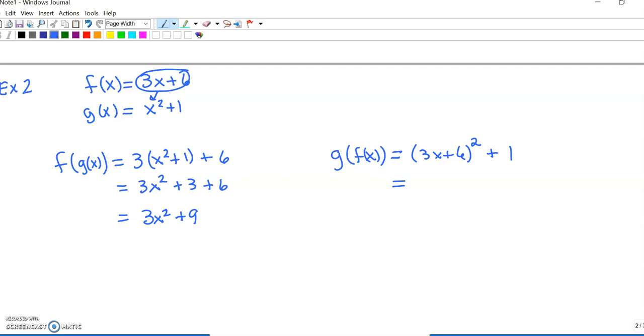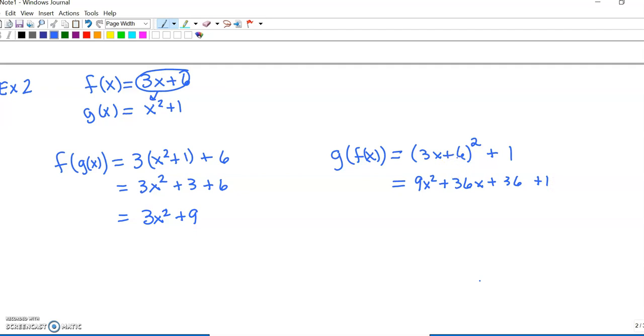Remember, it's been a little while since we've done that because we've been doing other topics, but so square the front, 9x squared, multiply the two terms and double it, so 3x times 6 is 18x, doubled is 36x, and then square the back, which is the 36. Then we've got the plus 1.